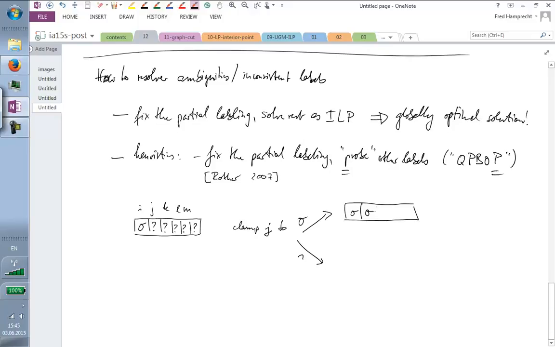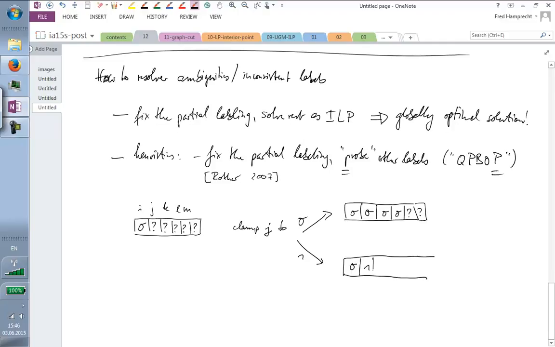And it can actually happen that fixing one of these labels will also induce some other nodes to become labeled consistently. Here again the first one must be 0 because this is my partially optimal solution already.